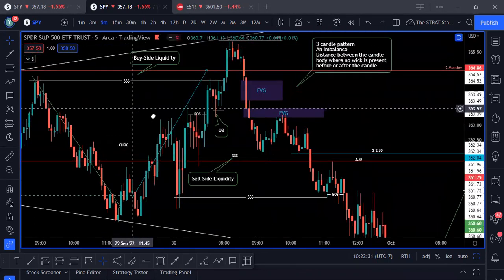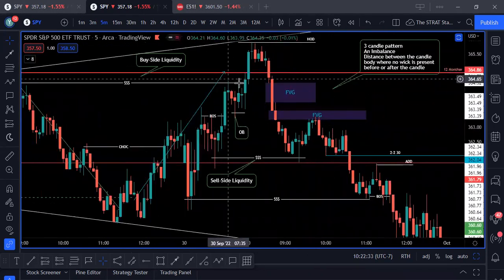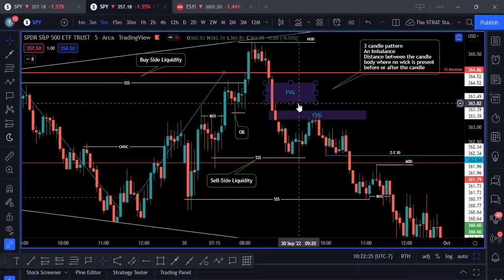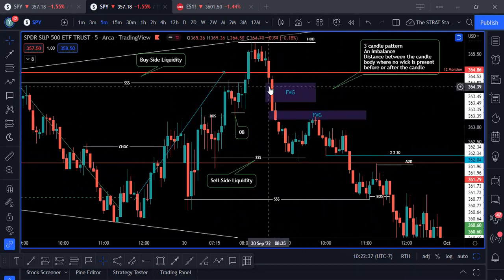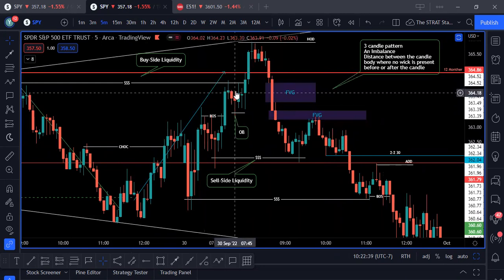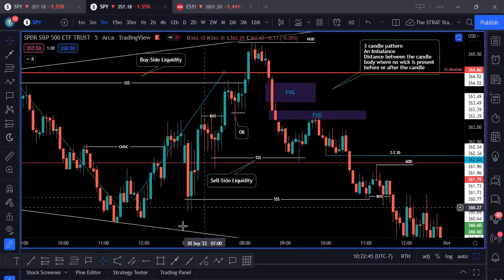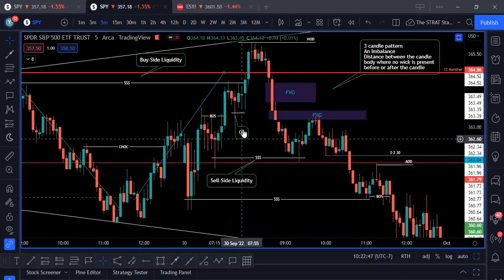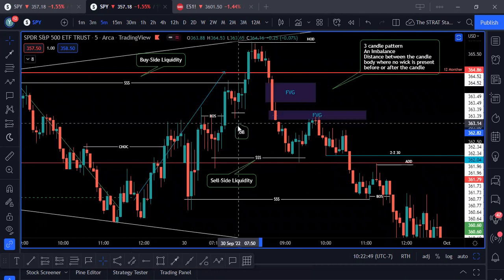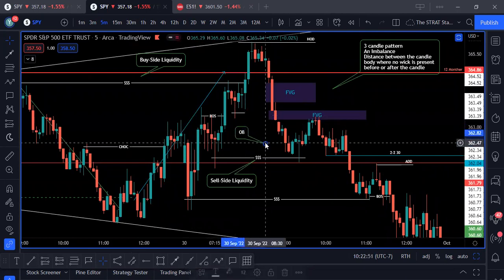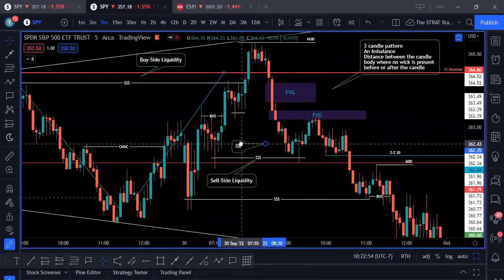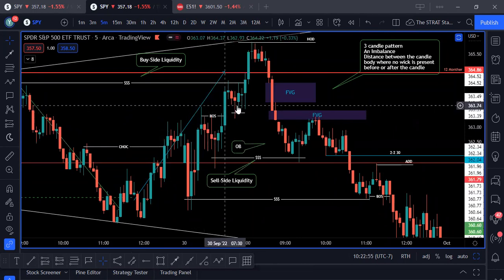Yeah, and the last one I look for is order blocks. Order blocks are the last series of down close candles right after your break of structure and your fair value gap. So like right here, we broke structure. We created a fair value gap off of this candle.